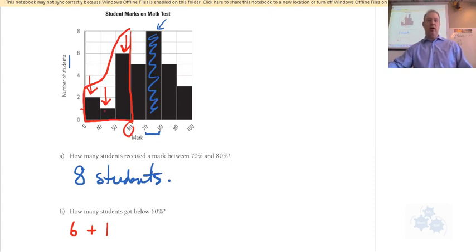Now, would this be 1.1 or 1.2? Could be 1.1. Does it look like it might be 1.1? Okay. What are we counting again? Number of students. It can be 1.1.